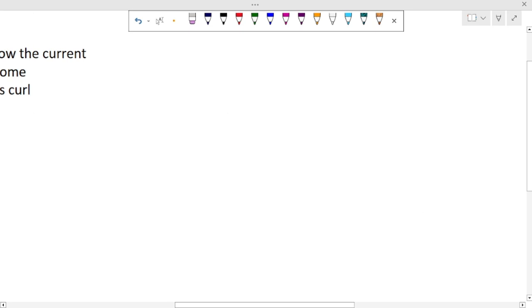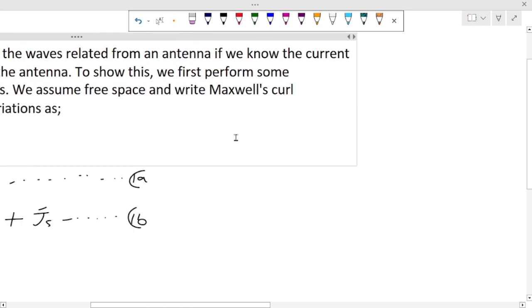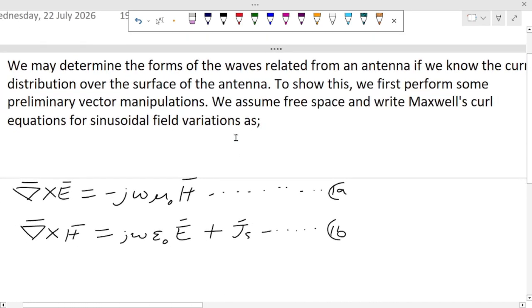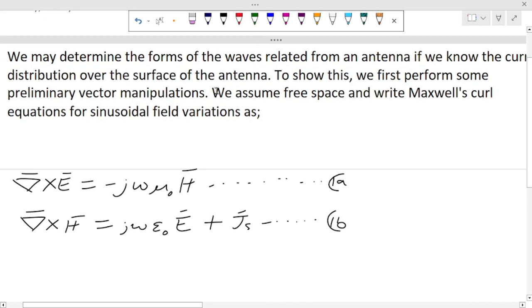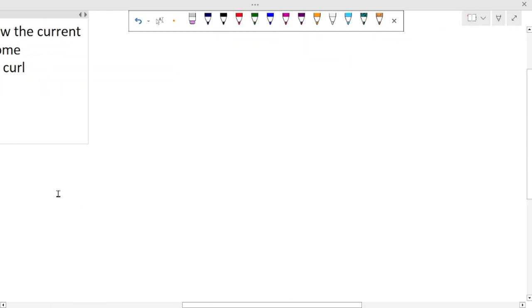But out of those four equations, we are dealing with just two for a start, because we are talking about waves. And the two we are dealing with are the curl equations.